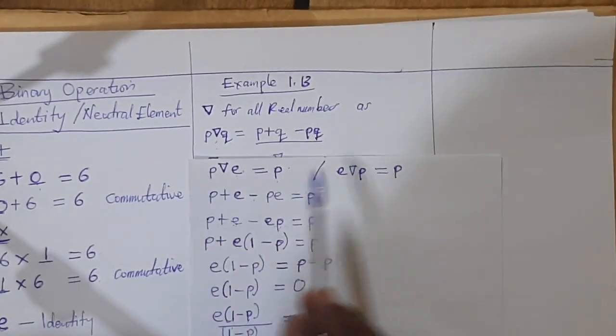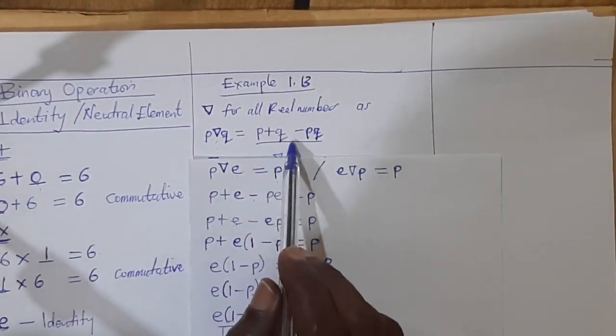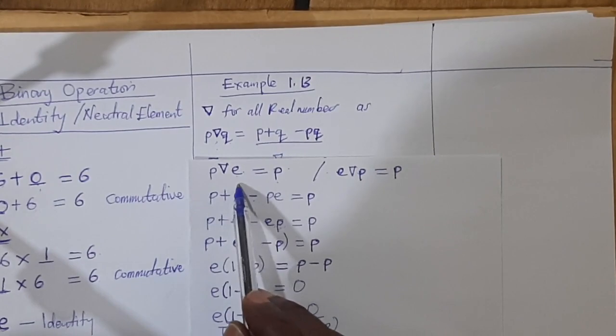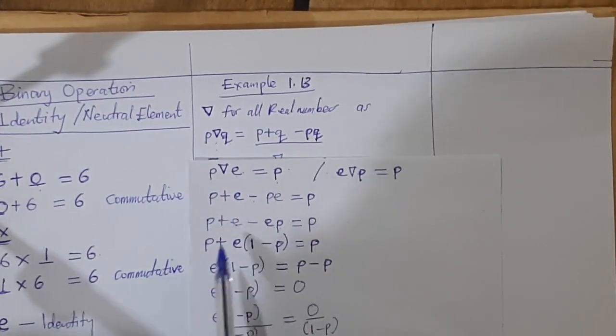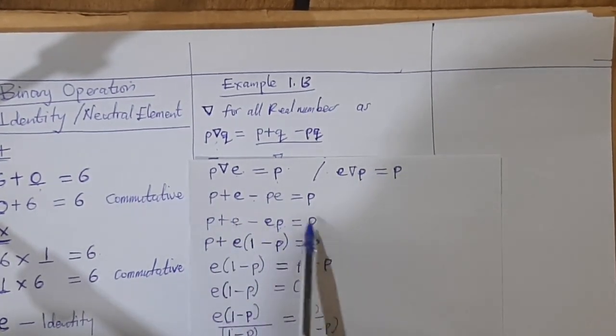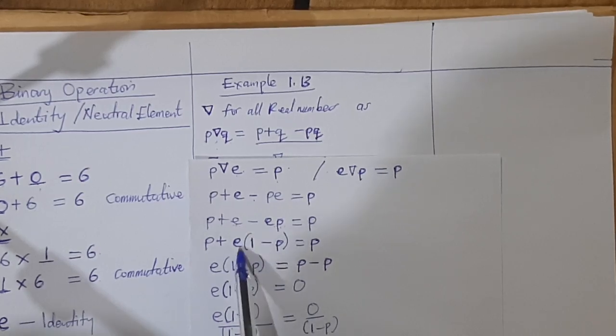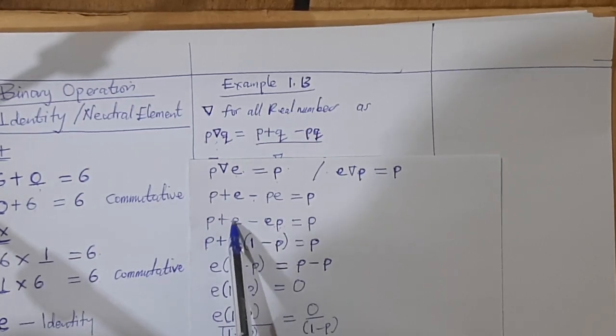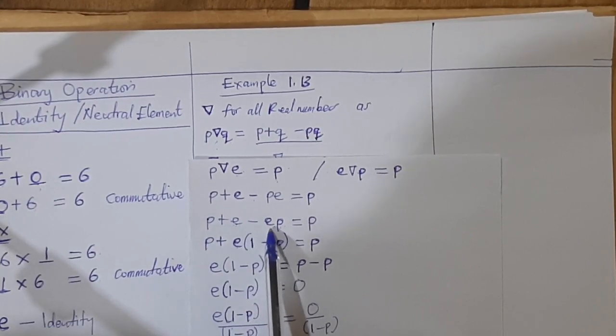And this is an expansion we have here. Good. So we factorize E out. We have E here and we have minus EP here. We factorize out.